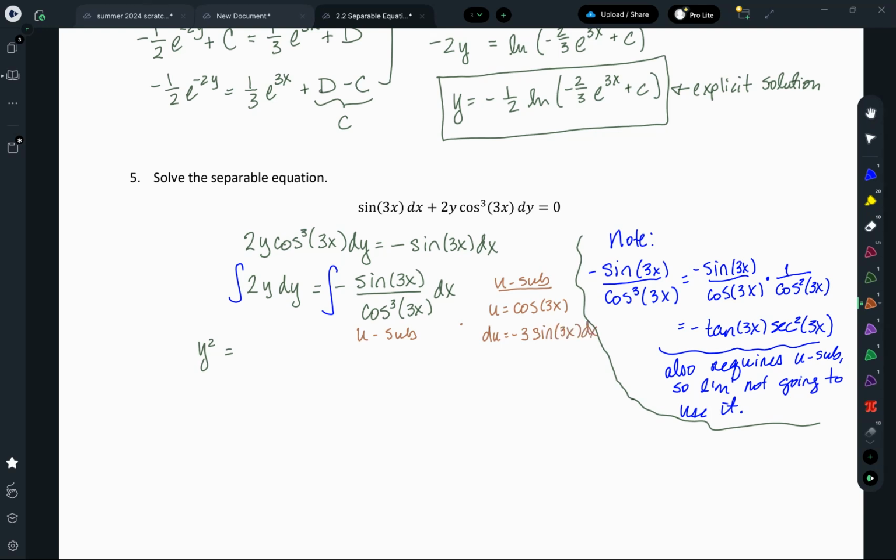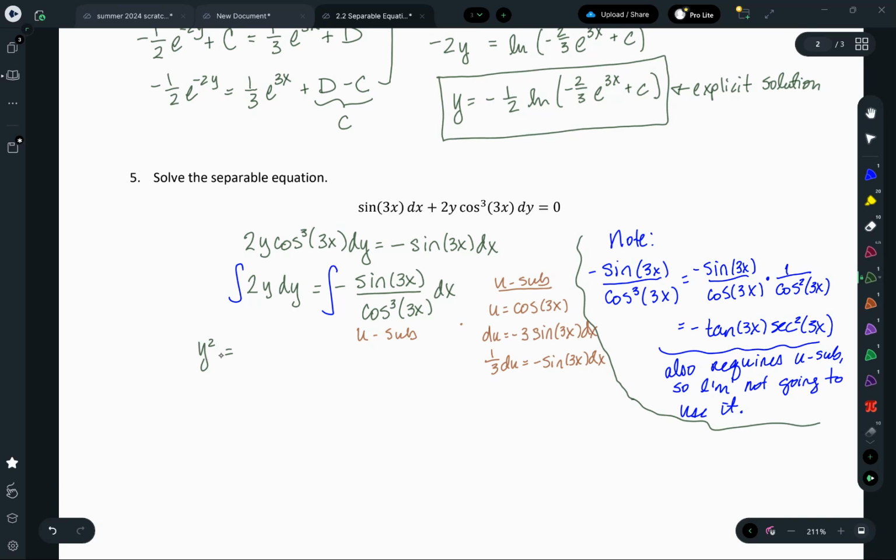There is no minus 3 in this problem. There is a negative sign, but not a 3. So we'll divide both sides by 3, and then 1/3 du will replace negative sine of 3x dx.